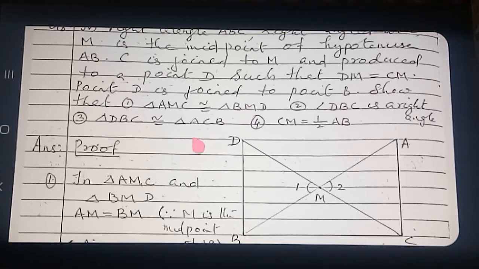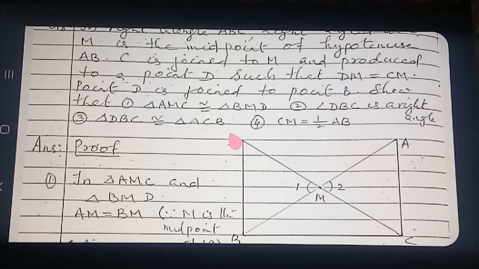You yourself find out how we can prove these two triangles congruent. You can select the parts very easily. Find the 3 parts by yourself. I already showed you the triangles properly: triangle AMC and triangle BMD.